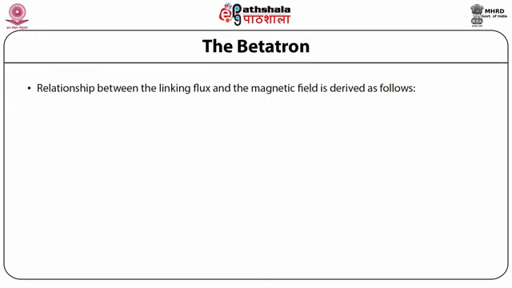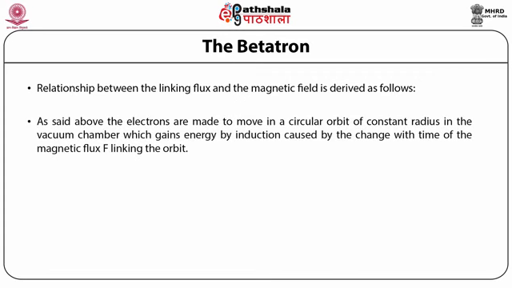The relationship between the linking flux and the magnetic flux is derived as follows. As said, the electrons are made to move in a circular orbit of constant radius in the vacuum chamber, gaining energy by induction caused by the change with time of the magnetic flux phi linking the orbit.